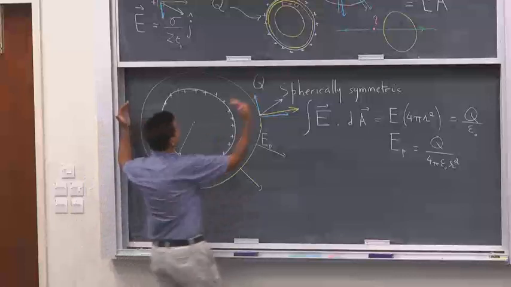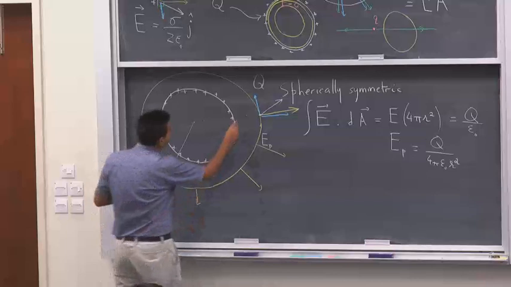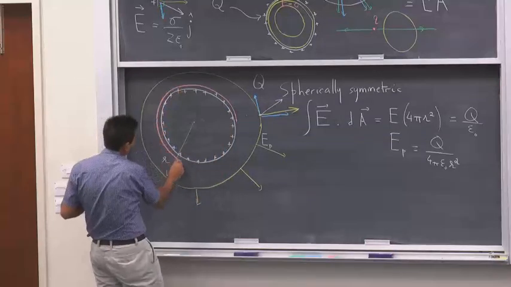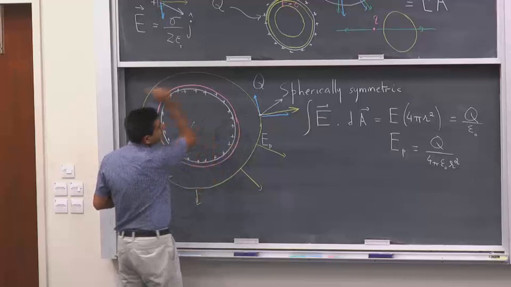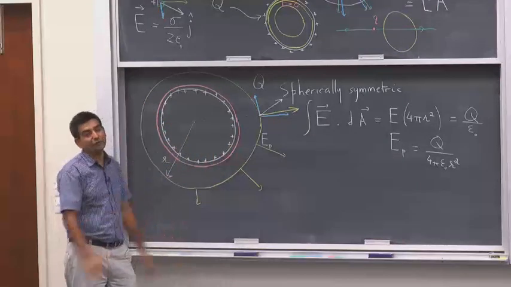Now if I shrink this Gaussian surface and make it smaller and smaller, so that at one point I'm just barely outside the surface of the sphere, once again the electric field has to point normally outward, radially outwards.